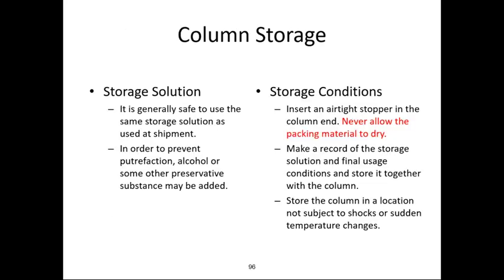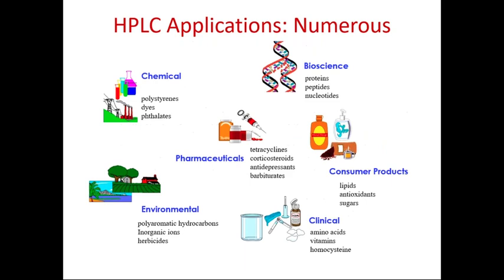You generally store the column as the manufacturer has asked you to, or you can wash the column thoroughly to remove all the analytes and store it in methanol with the end caps on. These columns are pretty expensive, and therefore we need to take good care of them.